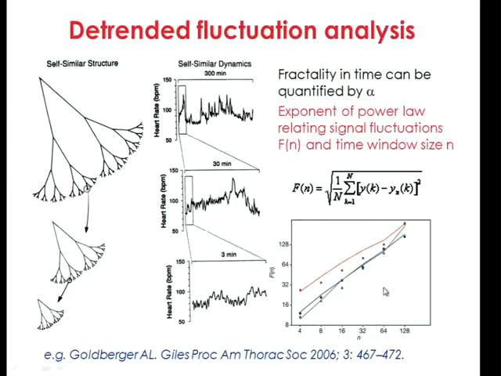For a signal that's random, you have a certain expectation of that relationship, but that slope has the ability to change. You can get steeper slopes, and because this is a log-log graph, you start to see that there is a power law relationship.